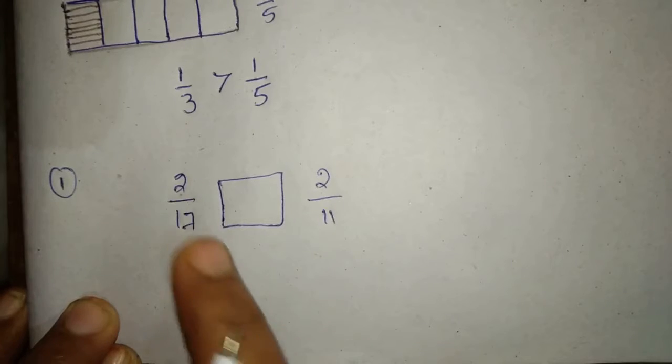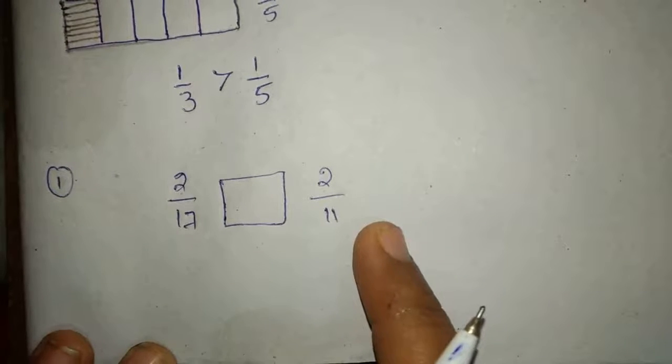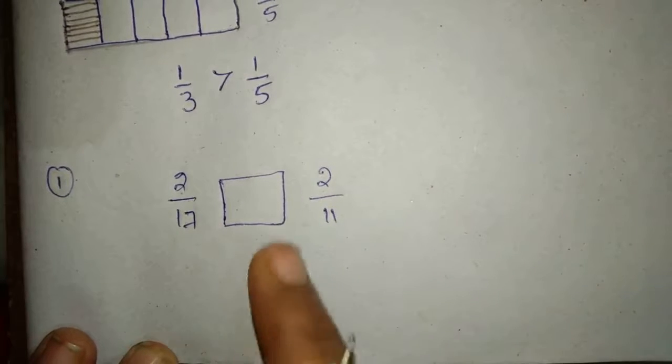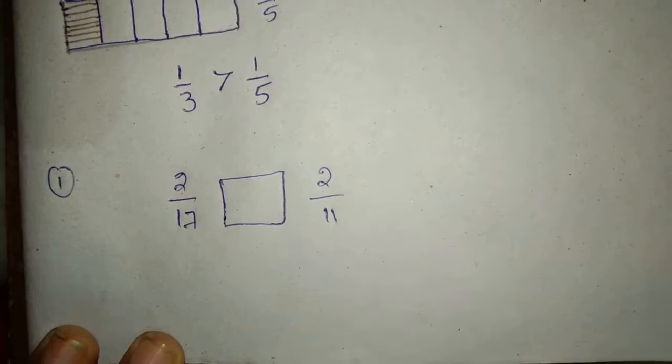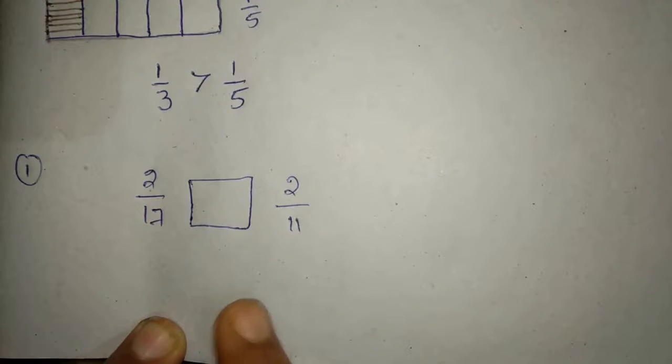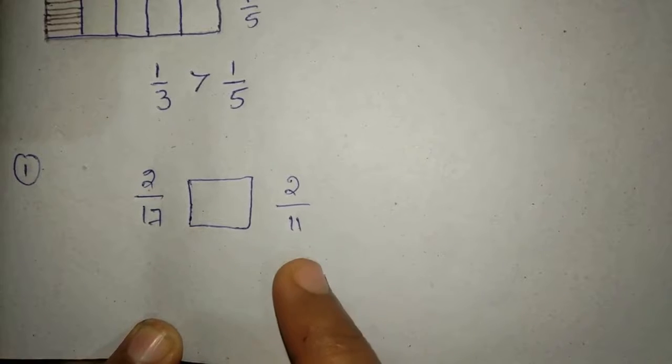Now let us compare two other fractions, for example 2 by 17 and 2 by 11. Here also these two fractions are unlike fractions, their denominators are not equal and numerators are equal. So if the numerators are equal, how do we compare the unlike fractions?